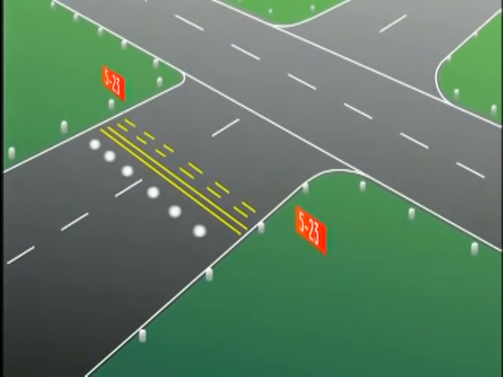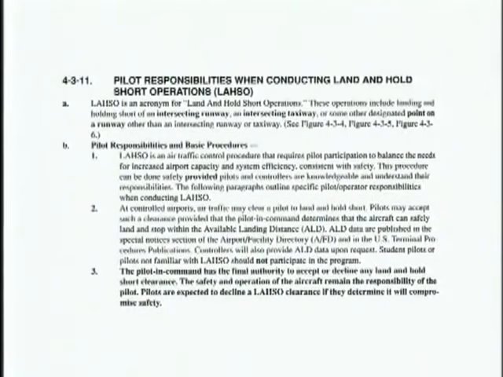At airports where LAHSO takes place, there will be a hold line marked on the runway and a hold sign next to the runway. There may also be a row of white pulsing lights installed in the pavement across the runway. As the pilot in command, it is up to you to either accept or reject a LAHSO clearance.